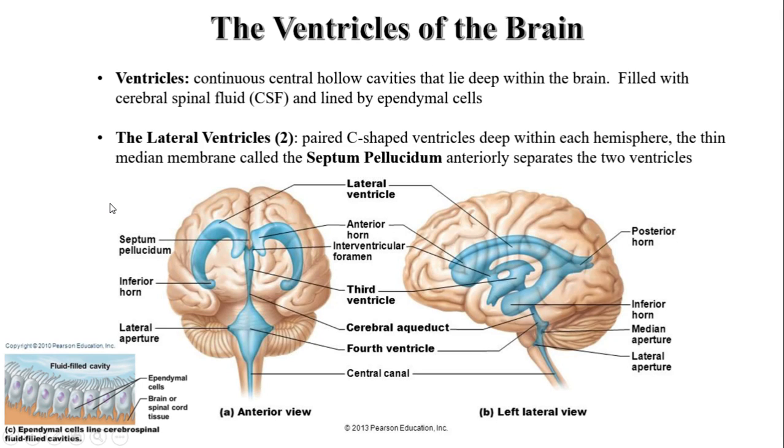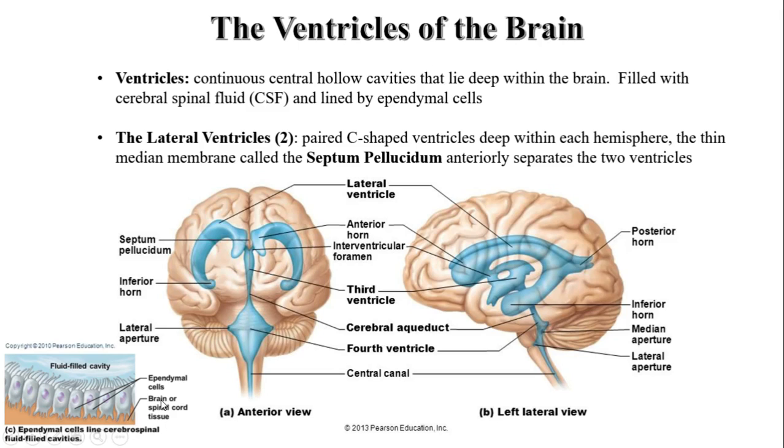When discussing these ventricles, you learned in chapter 11, the previous chapter, the different neuroglia. We learned about the ependymal cells, in which the CNS is lined by ependymal cells. I put a little picture here.